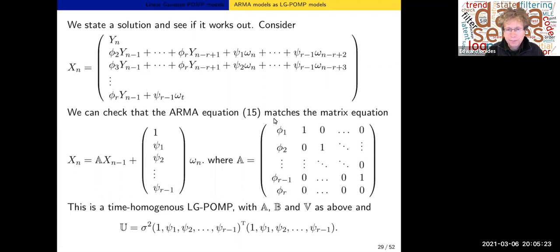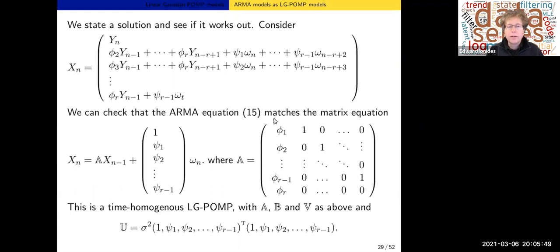A is this matrix where at every time you shunt the X's one up and add in the new moving average term, and you add the necessary noise for that lag 2 in the omega n term.